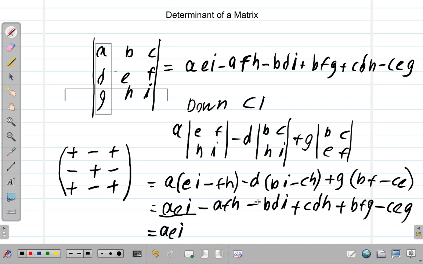Good. So we have the same thing. The same determinant. This was the determinant when we expanded across row 1, and this is the same determinant when we expand down column 1.